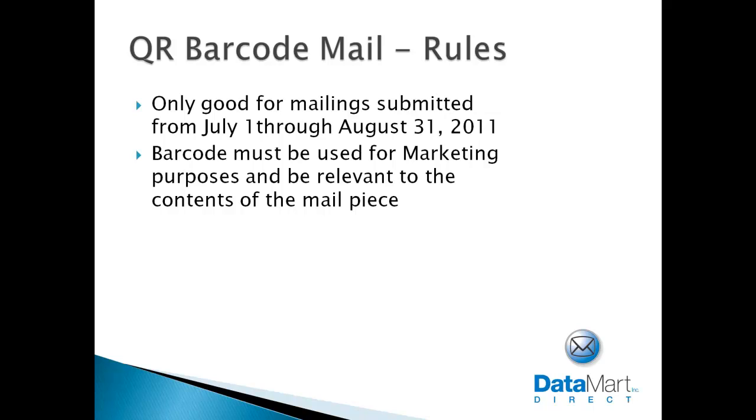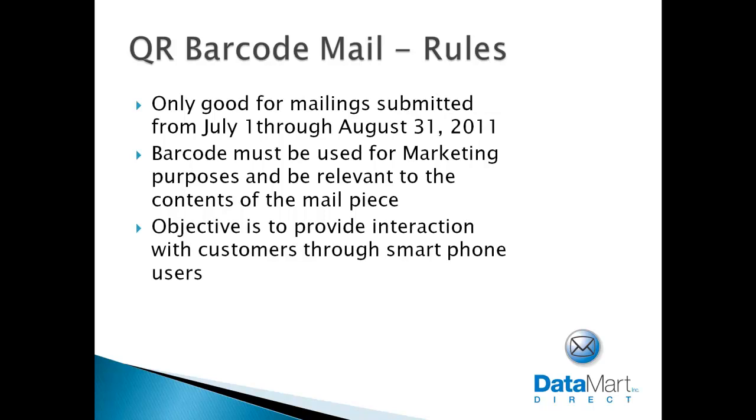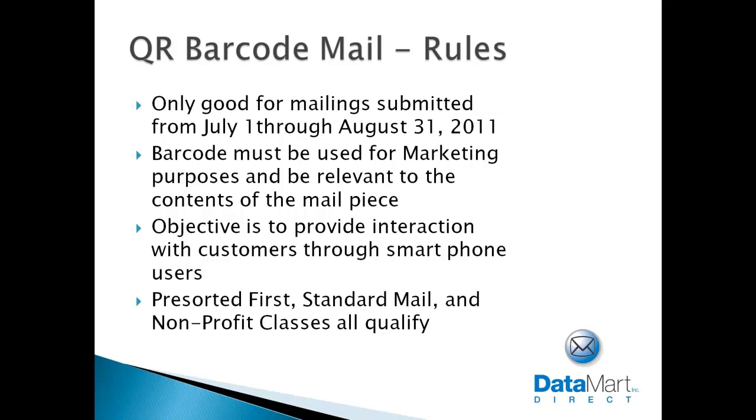They want the QR code to be an interactive process between the customer who's mailing the piece and their consumers. The overall objective here is to provide interaction between the consumers and the business using a QR code and their smartphone. And it covers the three major classes of direct mail: first class, standard mail, and most recently nonprofit.